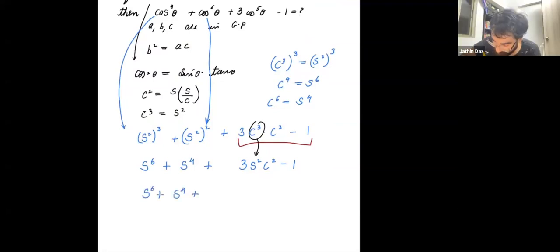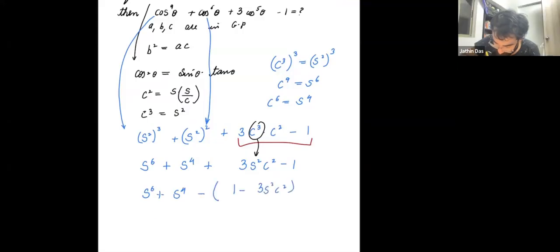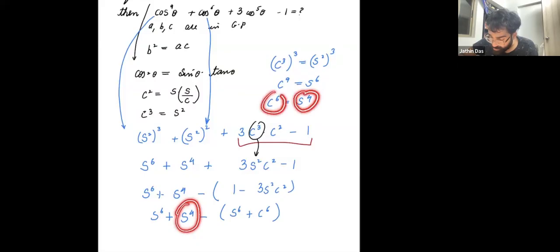Take one common. Sine cube and cos cube one. So sine raised to 6 and sine raised to 4 minus this whole thing will be sine raised to 6 plus cos raised to 6. But you think sine raised to 6 cancels with the other one. But sine raised to 4 is cos raised to 6.